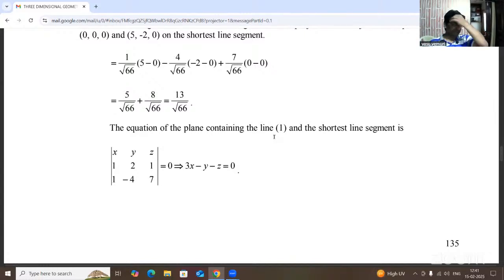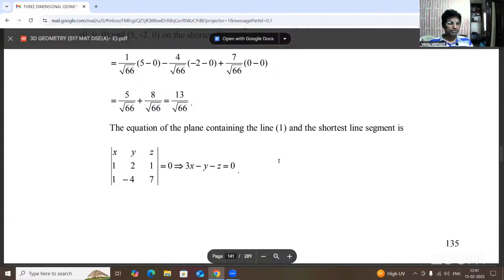Now the first plane contains the origin, so that is why we take the given line, mod x, l1, m1, n1, l2, m2, n2 equal to 0. Here the l, m, n values are the common intersection, 1, minus 4, 7. So we take the values of l, m, n for the equation, and we get 3x minus y plus z equal to 0.